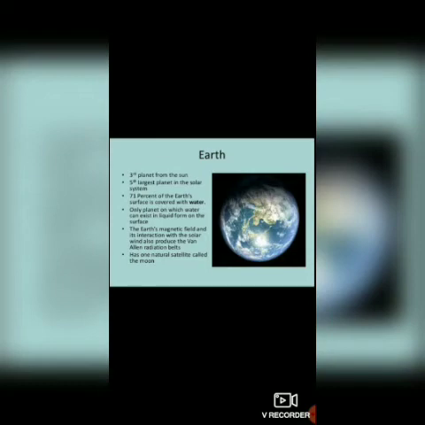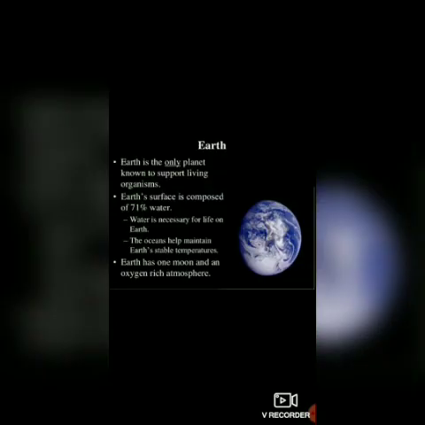Earth has only one natural satellite, that is called the moon. Earth is the only planet in the solar system where we can live, because here we can get water to drink, air to breathe and land for shelter, isn't it? Yes.